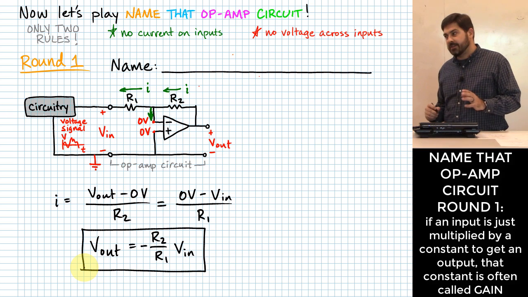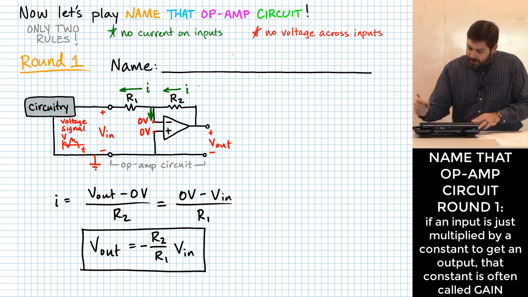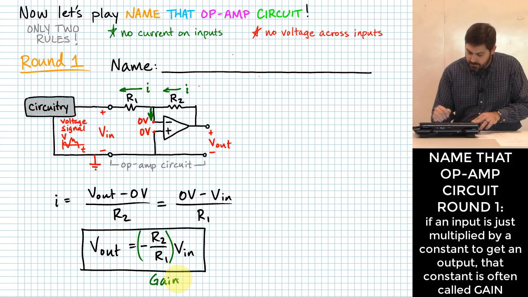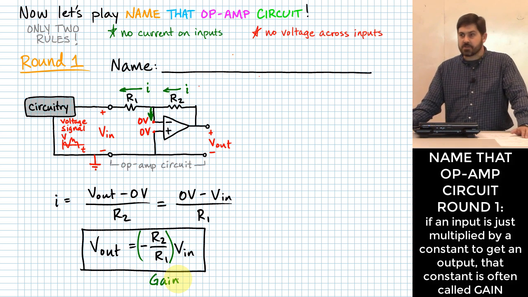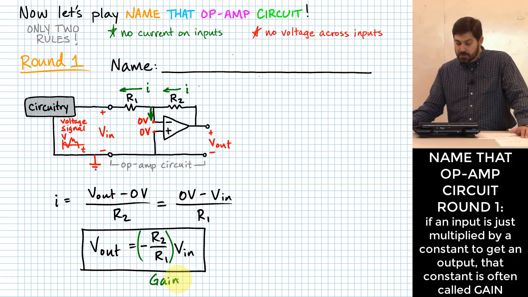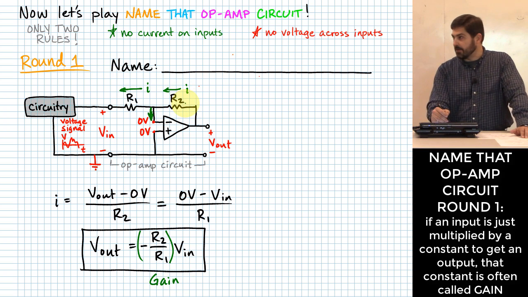Okay, now let me give you an idea here, or a definition of something. This stuff right over here is often known as gain. Okay, the stuff I put in the parentheses right there. That's a certain amount of gain. What that essentially is a multiplier, because you presume that your R1 and your R2 are probably not varying, right?